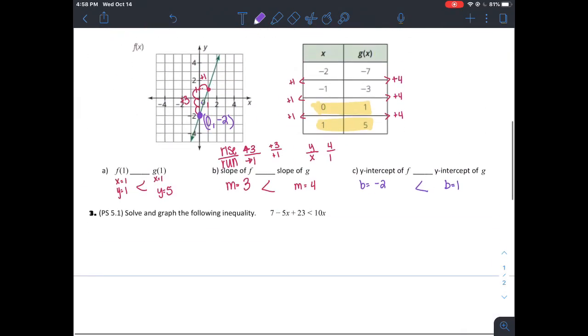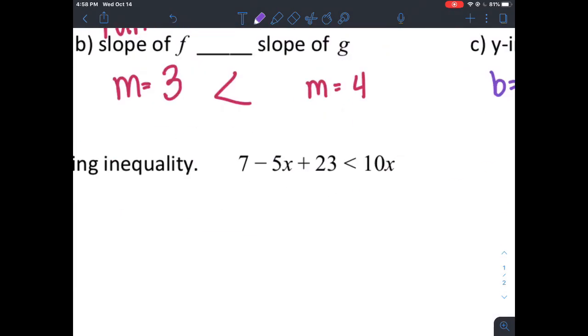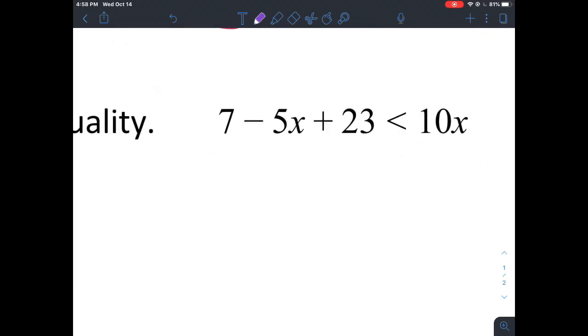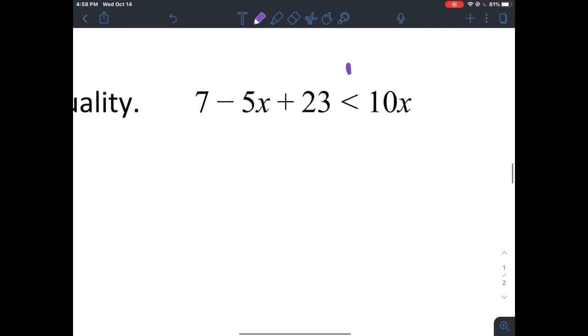And then for the last question, we need to solve this inequality. So we have an inequality symbol. I'm going to treat it just like an equal sign for now. So I'll draw my line through it, and then I'll get all the x's on the left and all the numbers on the right. So let's see. Let's combine like terms first.